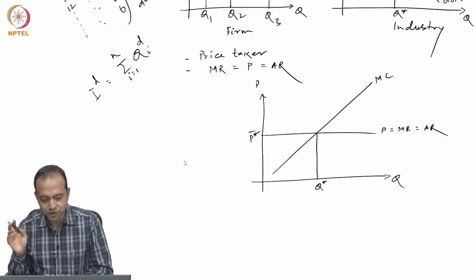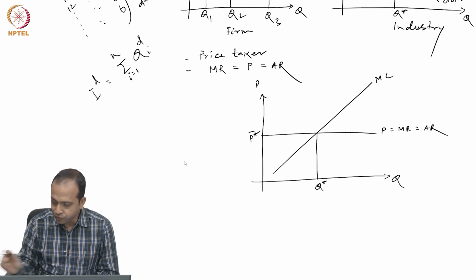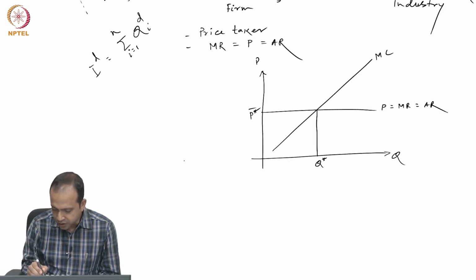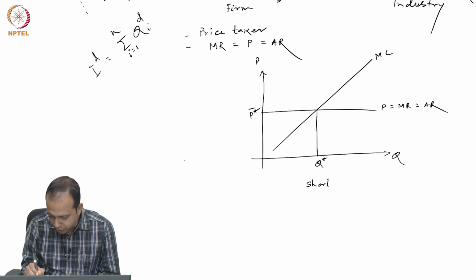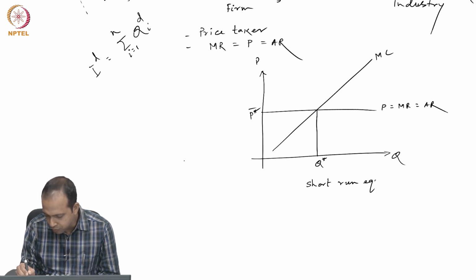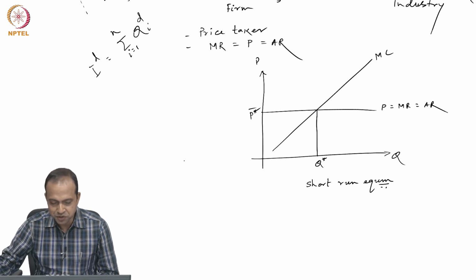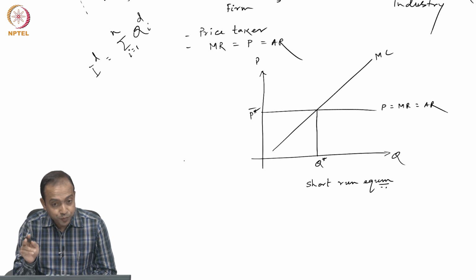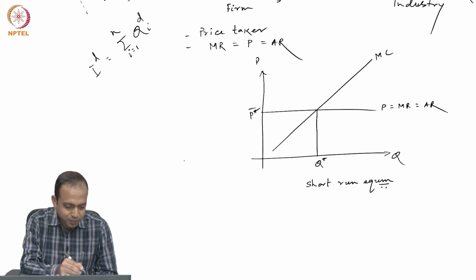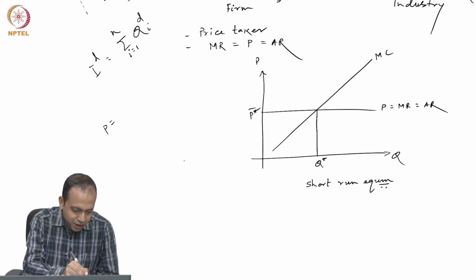So, P equals MR equals MC. That means for a particular firm, this is the equilibrium in the short run, please remember, short run equilibrium, which requires MR equals MC, and since P equals MR in this particular case, we write P equals MR equals MC.